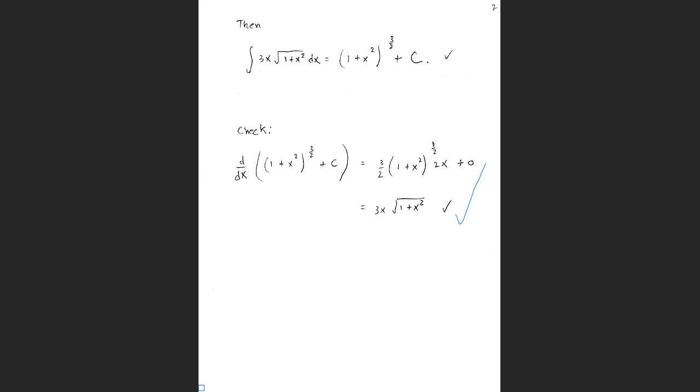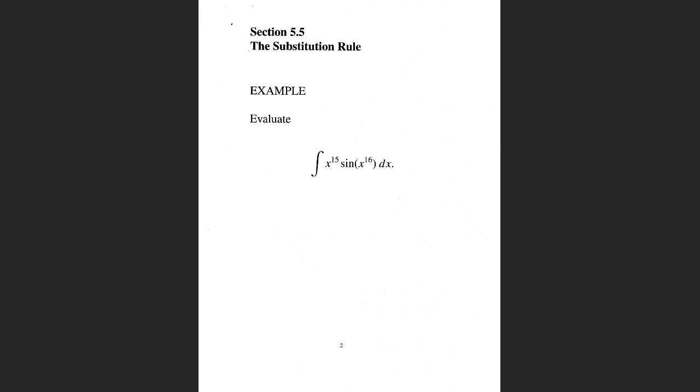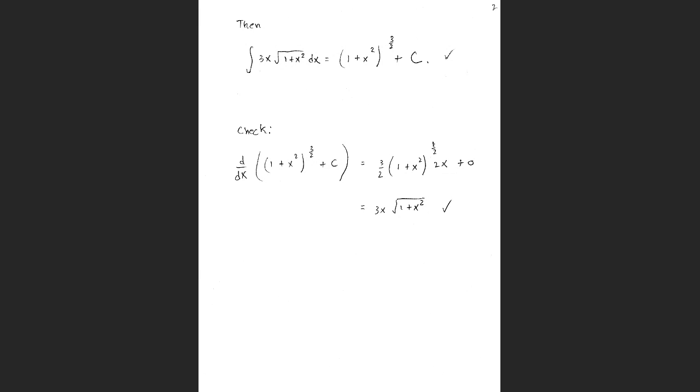I want to get another example in here. Why is there no dx, Shalom? You mean like here? You found your antiderivative, so dx is gone.